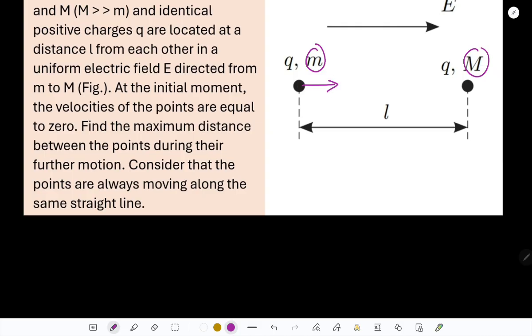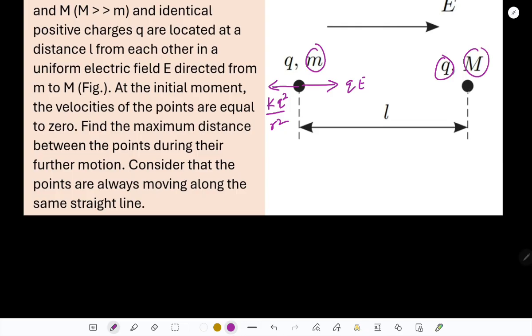One is due to the external electric field E, and that is qE, and another force is due to this point charge q having mass capital M in this direction, and this force can be written as kq square by r square, supposing that at any arbitrary moment the distance between them has become equal to r. So this force will become kq square by r square. Here r is the distance between the two charged particles at a later moment, sometime after the start of the motion.